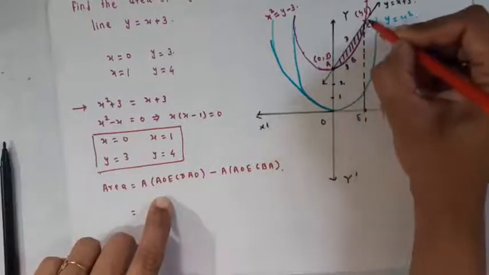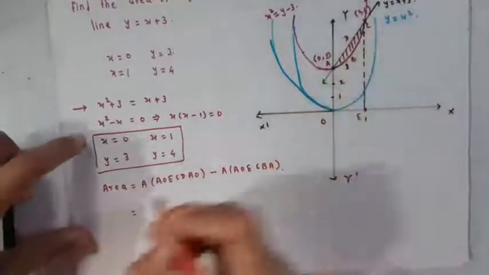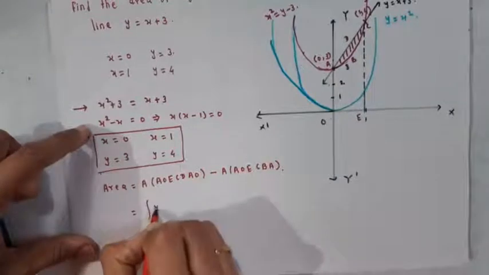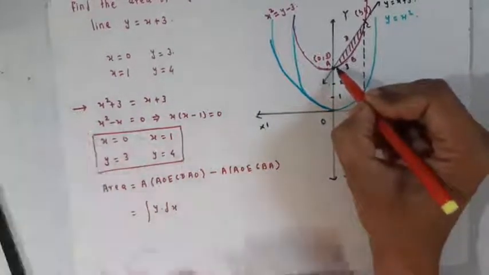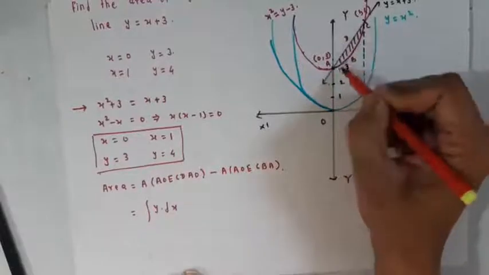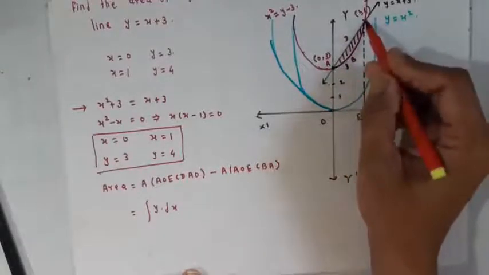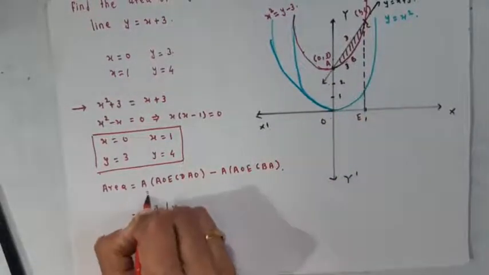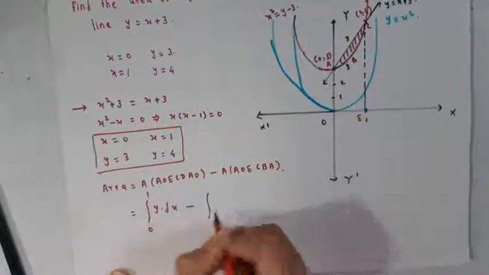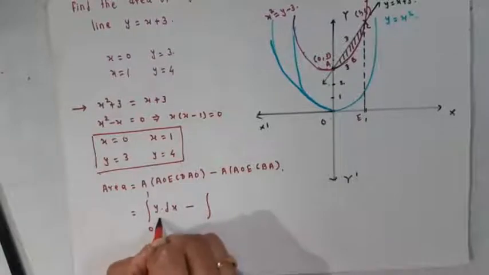Okay, the upper curve area is due to the line, and therefore this is the integral of y with respect to x, with limits of integration along the x-axis from 0 to 1, minus this is the area due to the line.